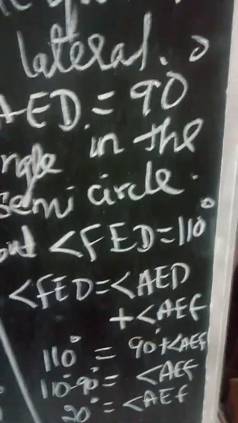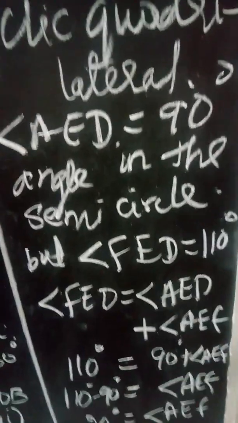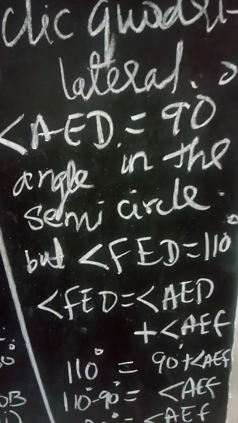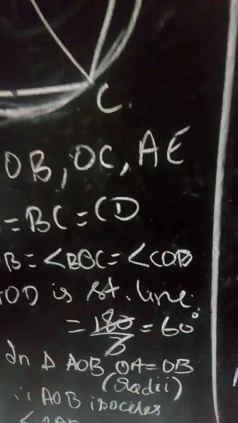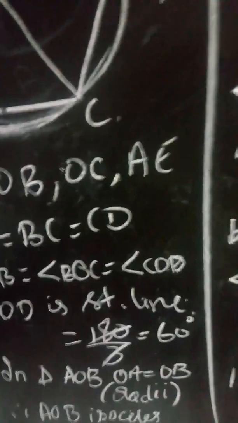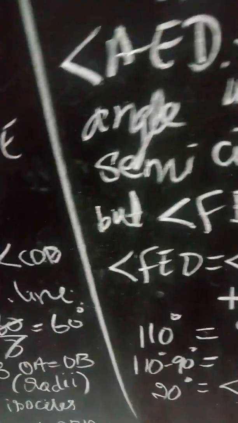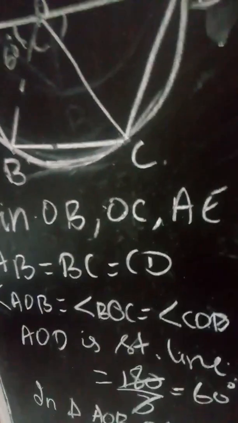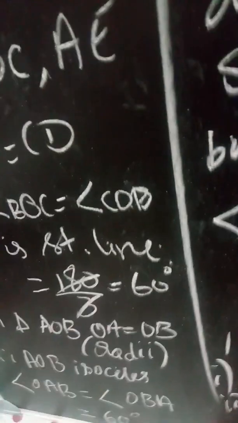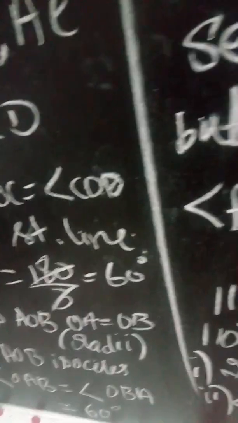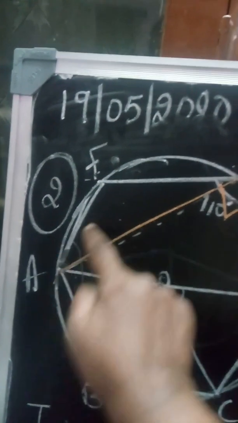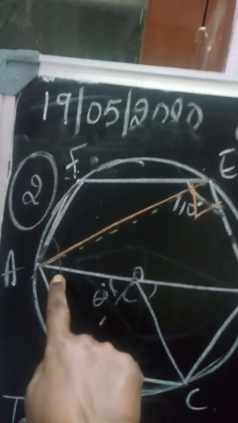Now we need to find out angle BAF or FAB. So we have found out the first angle, what they have asked for. Second, we need to find out angle BAF. Now see here, BAF is again made up of two angles.